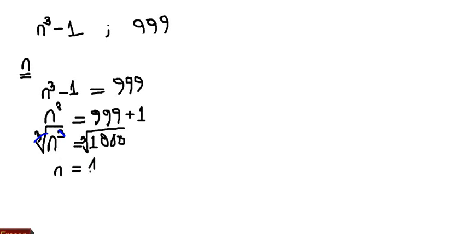The number that multiplies by itself 3 times to give us 1000 is 10, which means the number 999 in the sequence represented by the formula n cubed minus 1 will appear in the 10th position of that sequence.